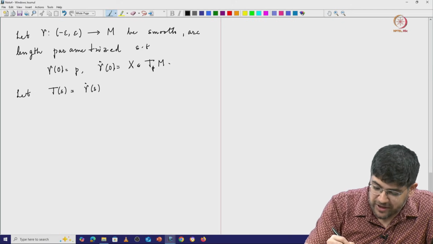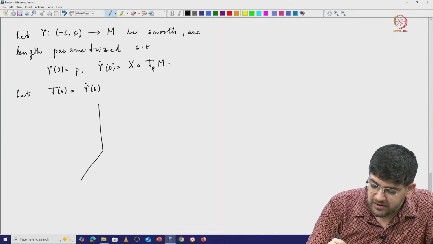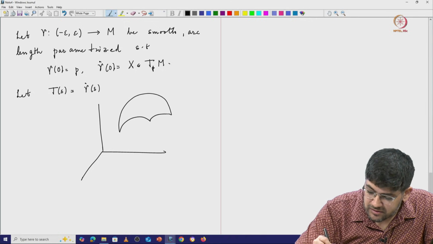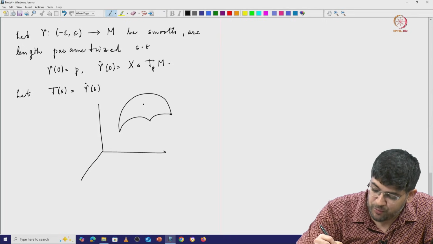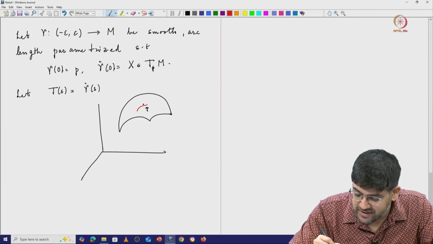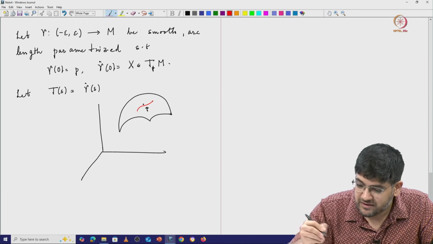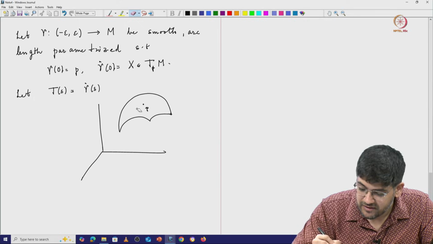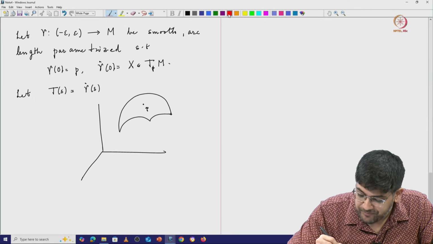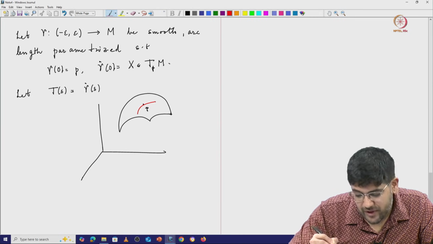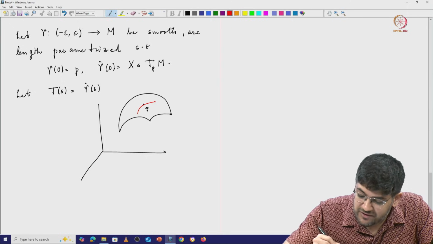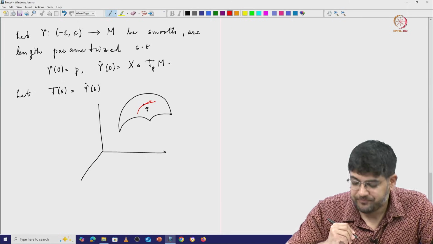So just to draw a picture again quickly, this is my surface, this is let's say the point p I am looking at, and this curve gamma is, let's say, this curve in red, and I have a tangent vector at this point.